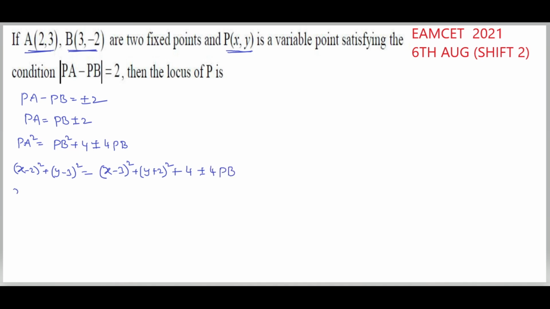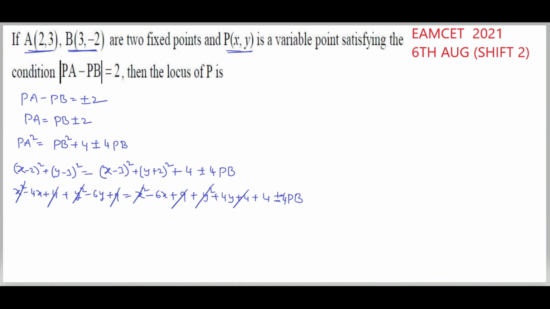So (x minus 2) whole square is x square minus 4x plus 4 plus y square minus 6y plus 9, that is equal to x square minus 6x plus 9 and y square plus 4y plus 4 plus 4 plus or minus 4 PB. Here x square cancels and y square cancels. Here plus 9 cancels and plus 4 cancels.